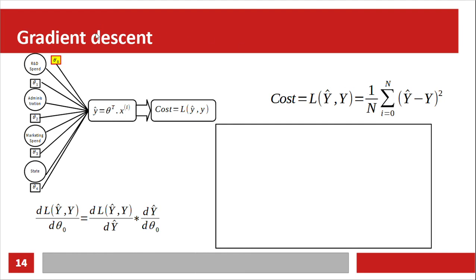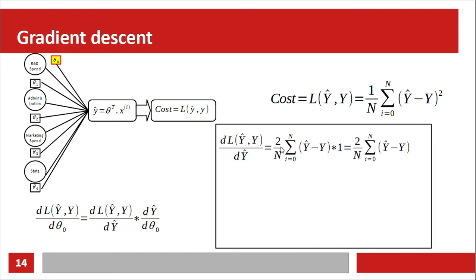Now to update theta 0, as you can see, theta 0 has an effect on this one and on this one. So to take the derivative of the cost in terms of theta 0, we have to take this and this into account.